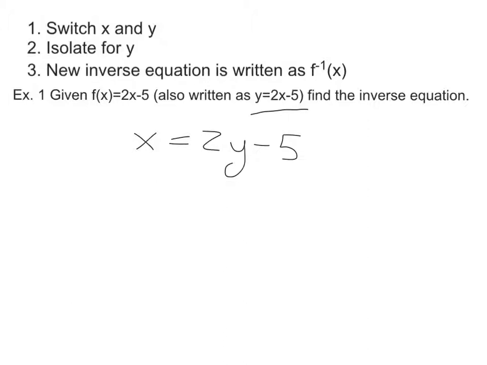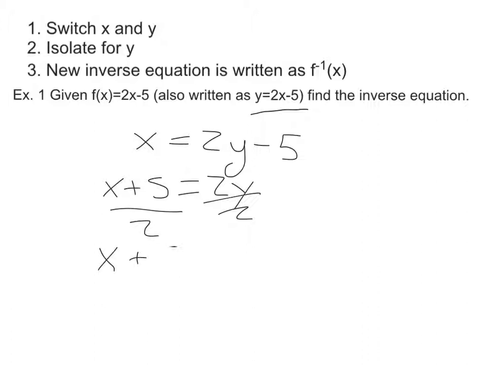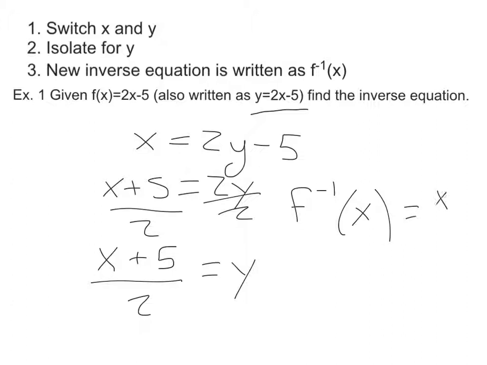We do that by bringing the 5 over to the other side, and then dividing both sides by 2 to get y by itself. So then we have our new equation of (x + 5) / 2 = y. And that would be written as f^-1(x) = (x + 5) / 2.